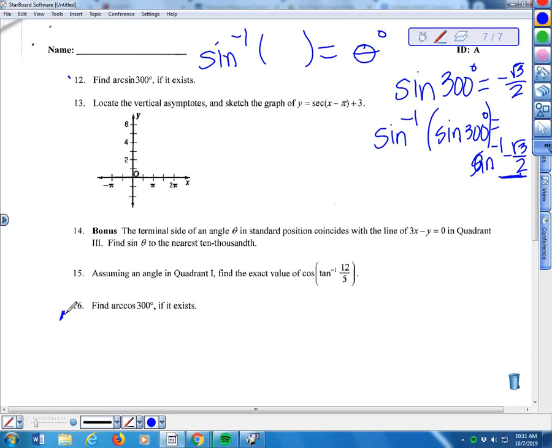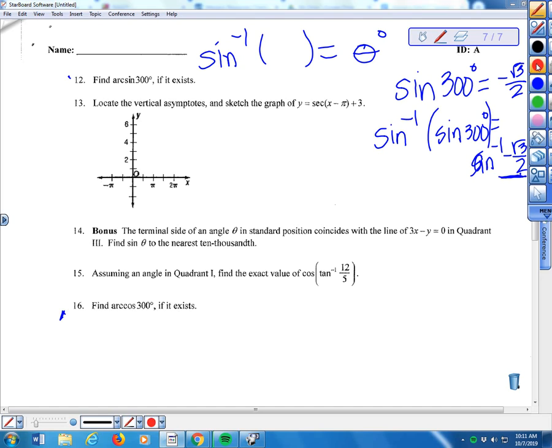Okay, locate the vertical asymptotes and sketch the graph of y equals secant of x minus pi, plus 3. Well, secant's the inverse of cosine. Where are the asymptotes before a shift? Where cosine is 0. Pi over 2, negative pi over 2, and so on. It wants us to shift that pi.